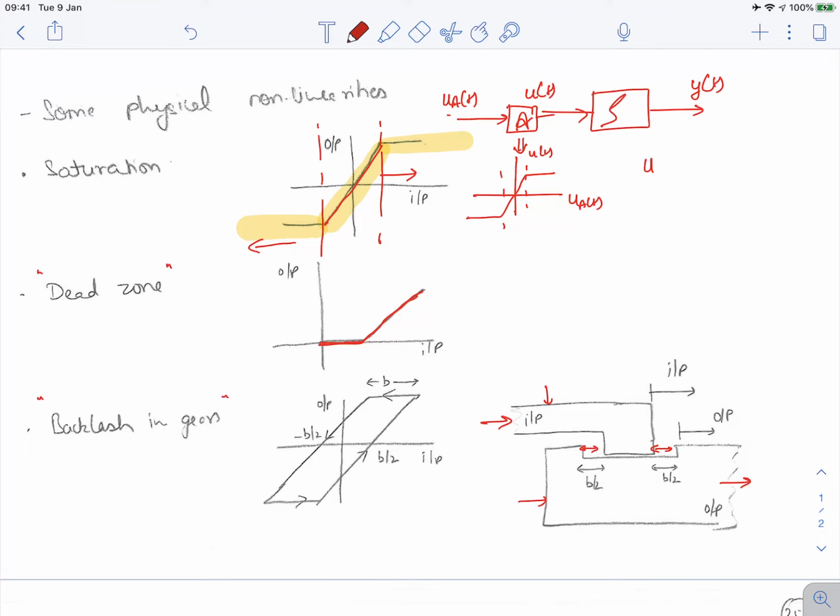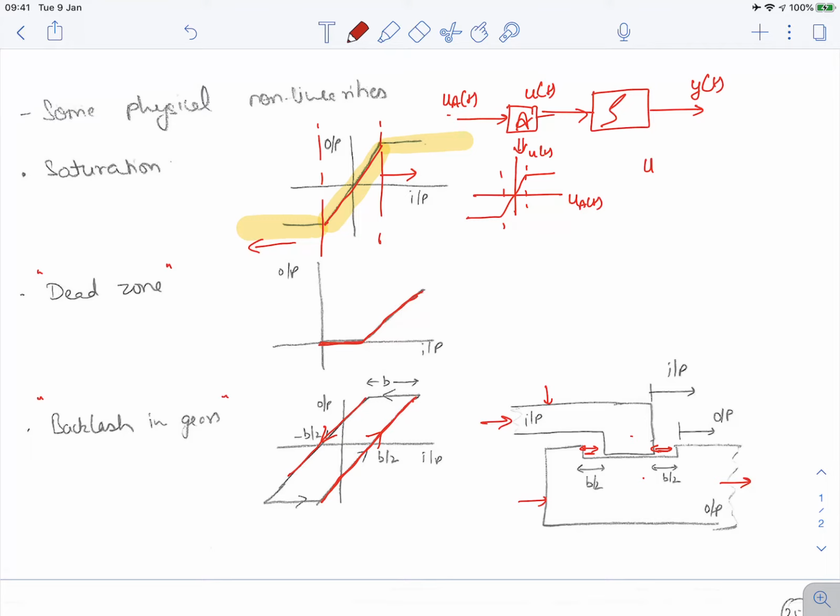But if there is some gap in the connection of this gear and this gear, then you would see this phenomenon of backlash, which is basically like this. There is a linear relationship between the input and output, but it does not pass through zero, and it is not coming through the same direction, because it comes in this direction.